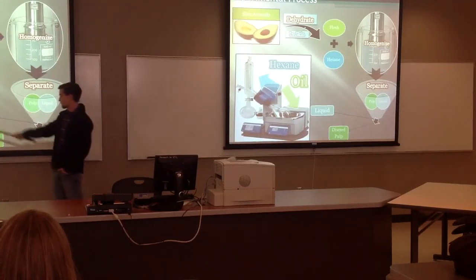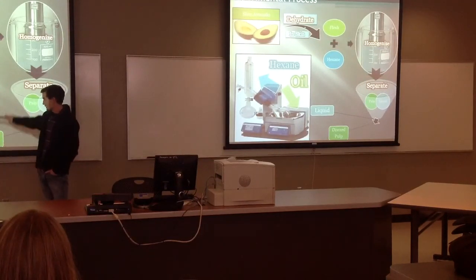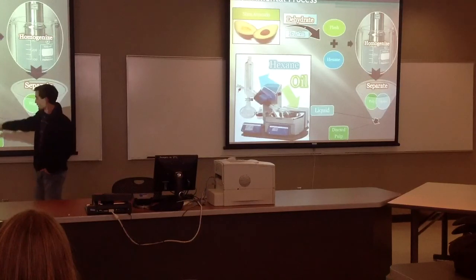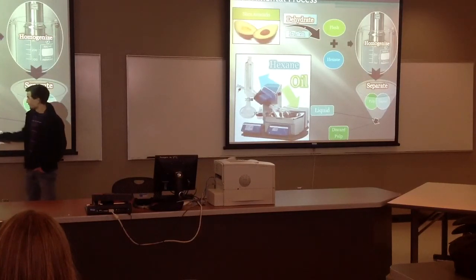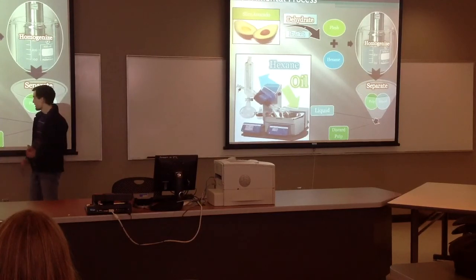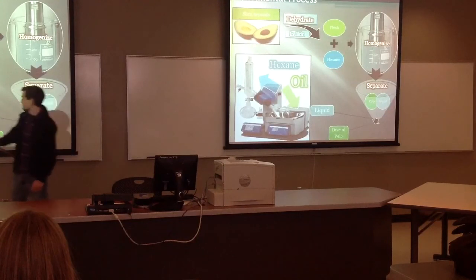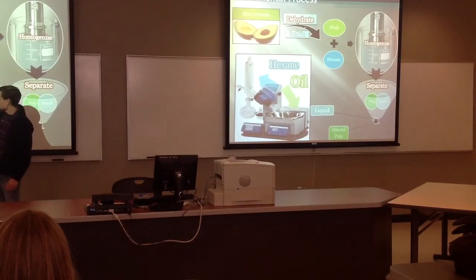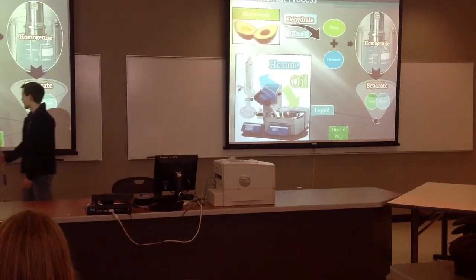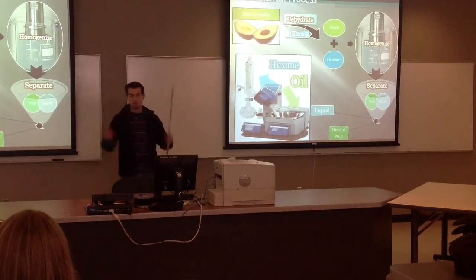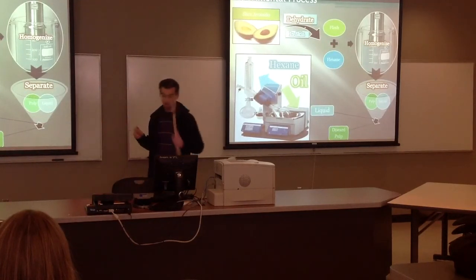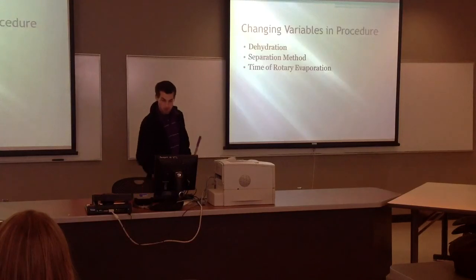And then it goes into the rotovap, which basically you pull this down, it comes into this bowl, into water, which heats it up. You pull it to about 72 degrees, since hexane evaporates off at about 67, and then it gets rid of the hexane and condenses it back into that bowl, and what you're left with after that process is your oil and hexane separated.